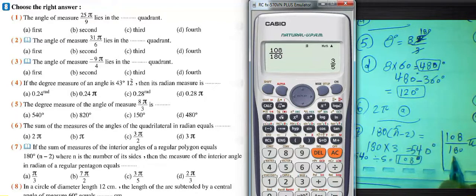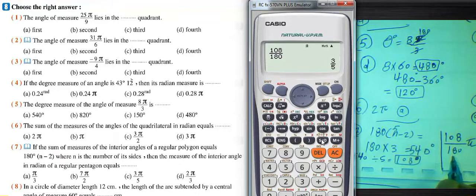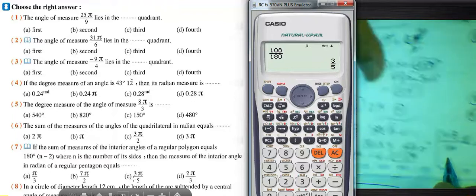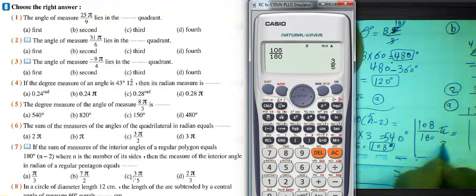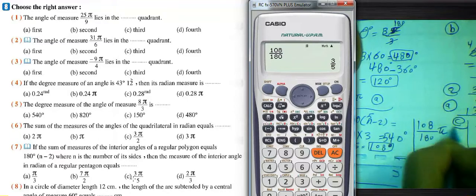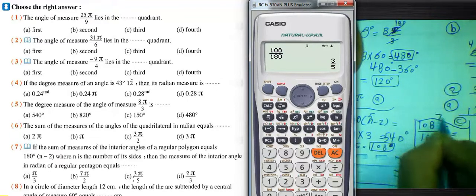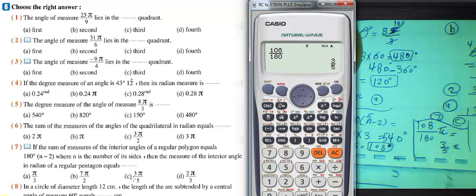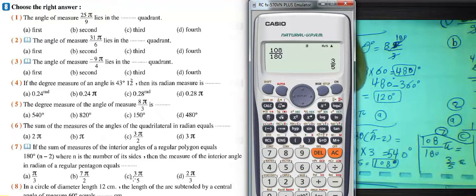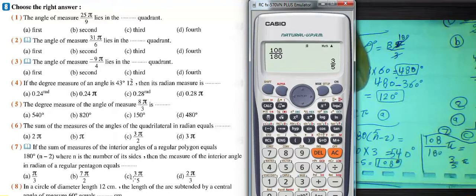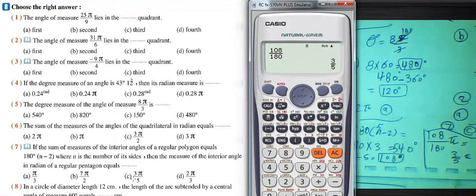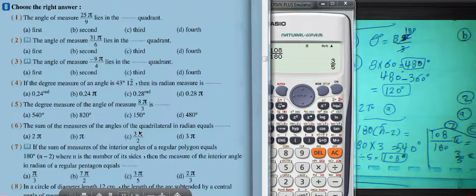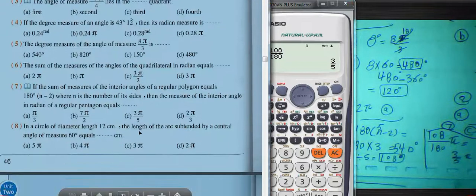The result will be 3 over 5 pi. Where is question number 7? Yes, it's here, letter C. The result will be 3 over 5 pi, letter C. About question number 7, we'll choose letter C. It's okay for you. Another question, number 8.